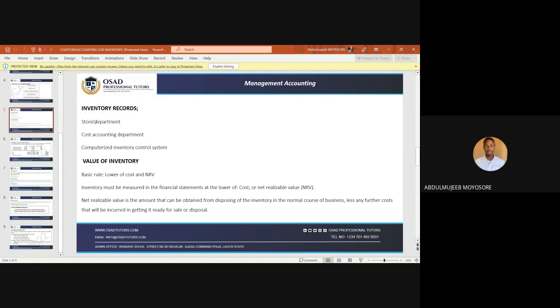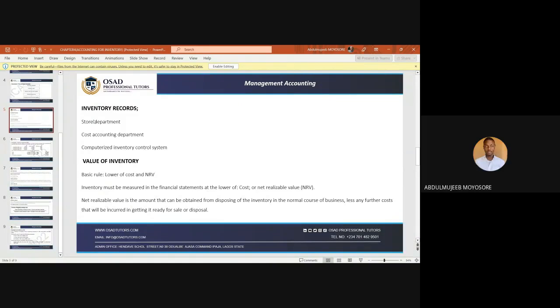Now, net realizable value: it cost me 100 naira to produce this hair cream, but the hair cream can be sold for this particular amount. Let me use this example: it cost me 100 naira to produce the hair cream, and the hair cream can be sold for 95 naira. Are you there? Okay, sir.